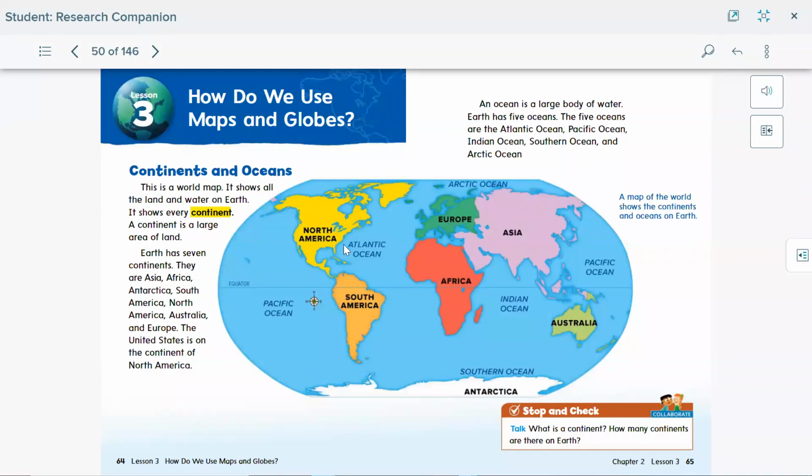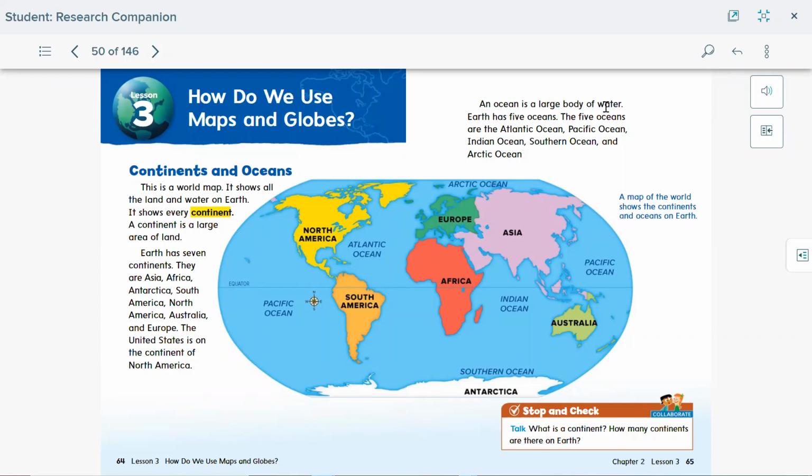So here are the 7 continents: North America, South America, Africa, Europe, Asia, and Antarctica. All right, so what else do we see?